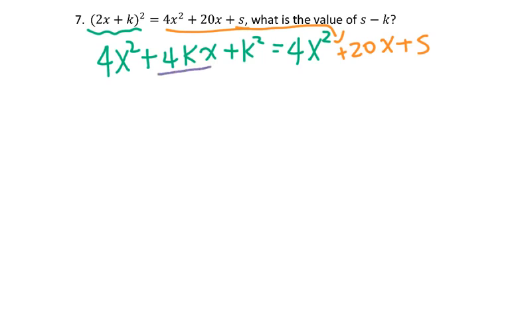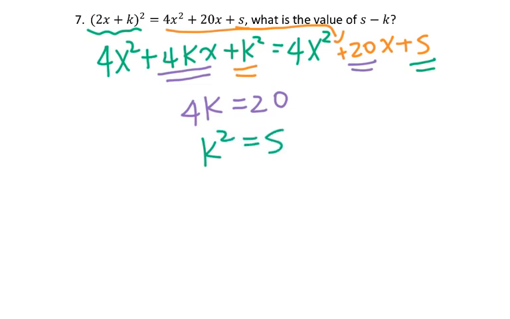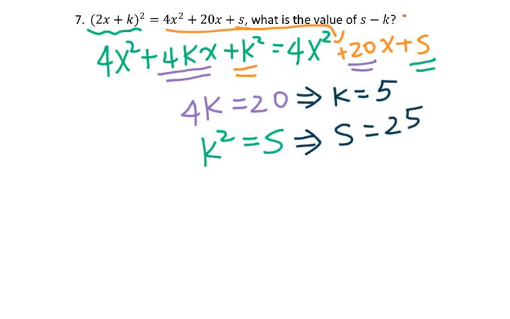Then you will get 4k equals 20, and you will set up k squared equals s. From the first equation, you can see k equals 5. Then from the second equation, you will get s equals 25. Therefore, s minus k will be 25 minus 5, which is 20. That's the answer.